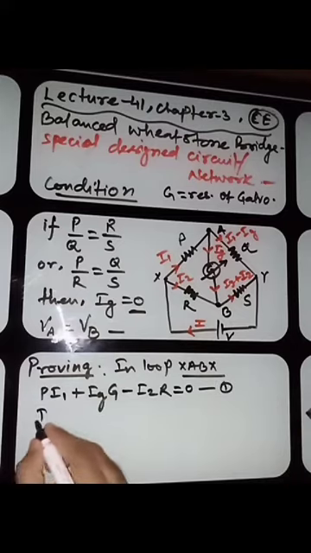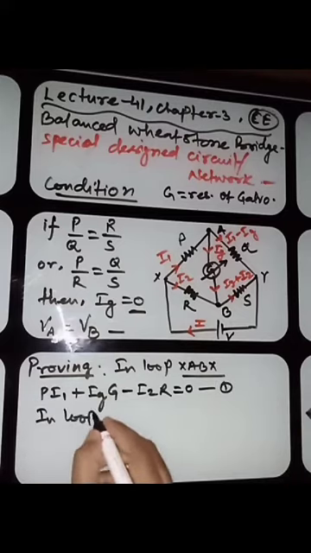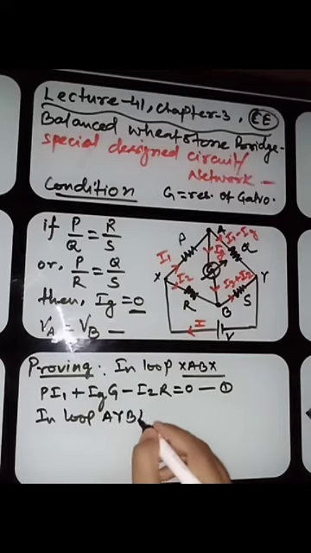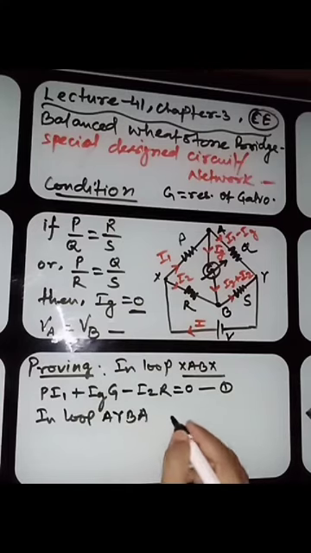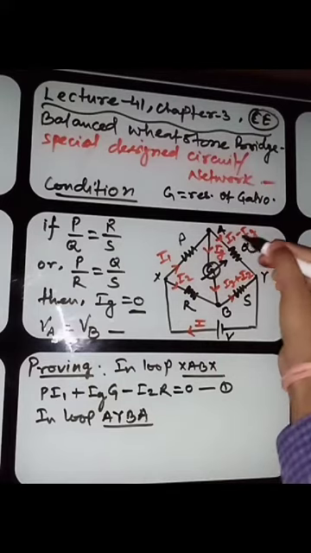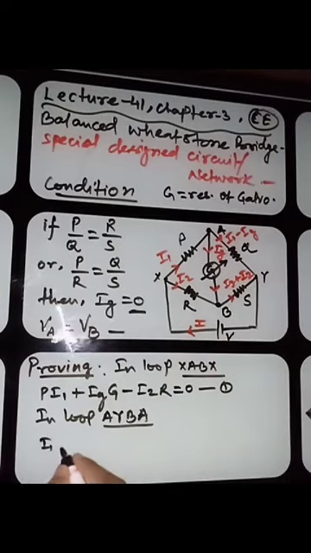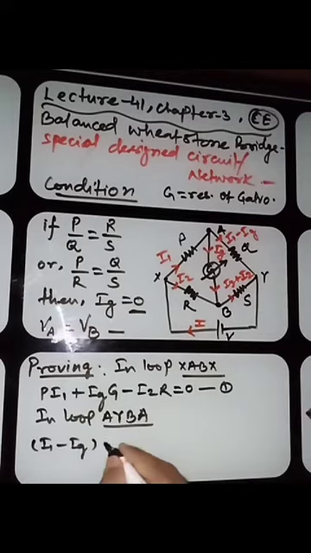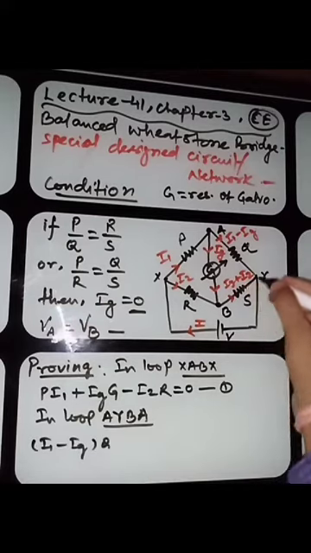In loop AYBA, write down the equation. So we can write here I1 minus IG times Q, with the current we are moving, minus.